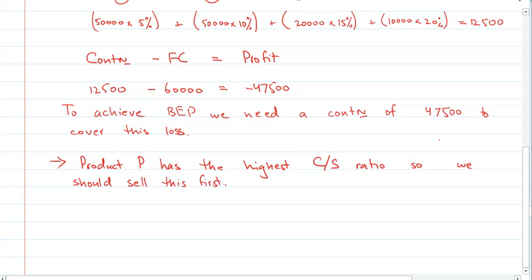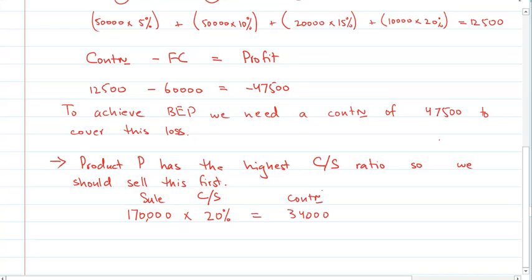That should be our priority. And as we said, 10,000 are already sold, so we are left with 170,000, sorry, a sale of 170,000. If you multiply it with a CS ratio of 20%, you'll get the contribution of 34,000. So here is the sale, here is the CS ratio, and here is the contribution.